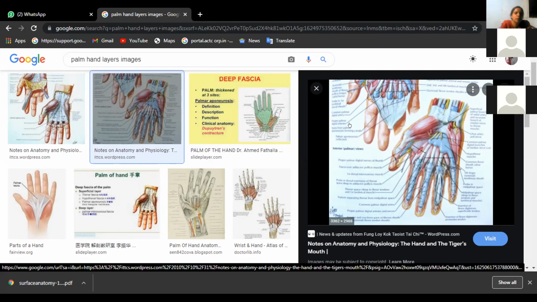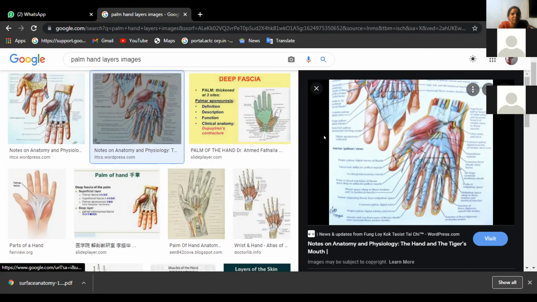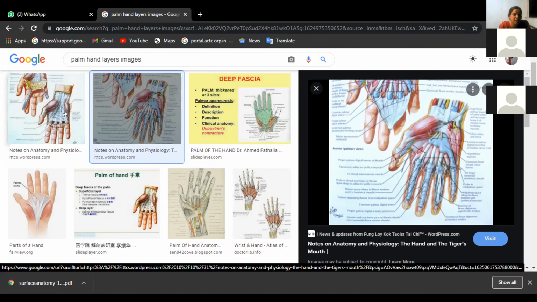Stepwise I am showing you. First you saw the skin, second the palmar aponeurosis, third the long flexor tendons, flexor digitorum superficialis and flexor digitorum profundus. Between the tendons of flexor digitorum profundus we find the lumbricals. Below the lumbricals we find the interossei that we saw yesterday, the palmar and dorsal interossei.